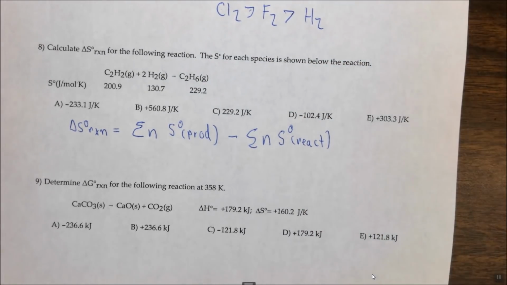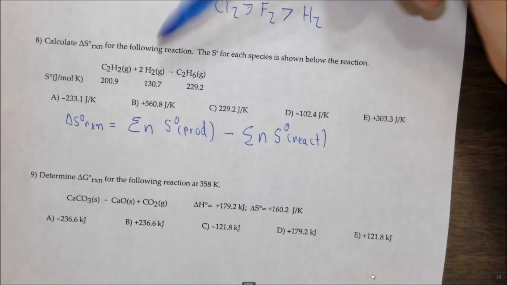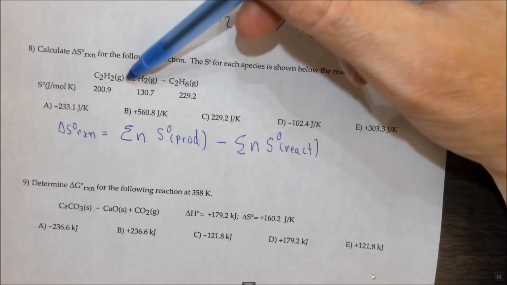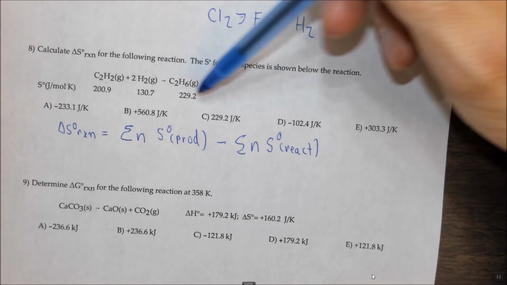Because entropy is a state function, essentially what we're saying is we're destroying the reactants back to their elements, so they're negative, then we're reforming those elements to form the products.